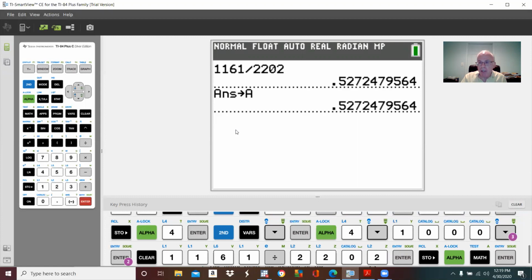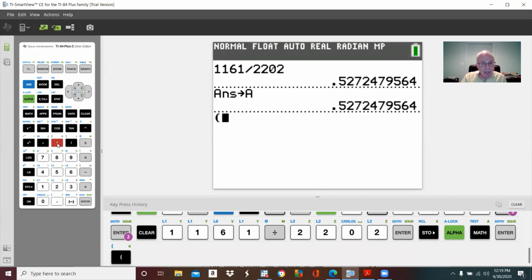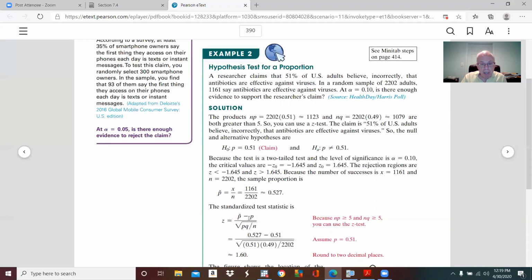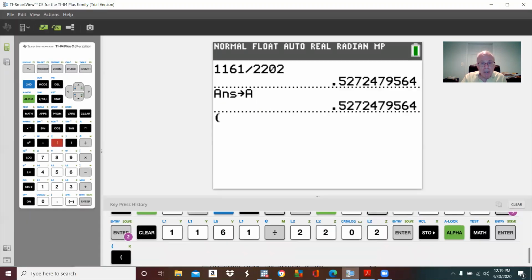So now I'm going to calculate my test statistic. Open up a set of parentheses, and in the numerator it's going to be p hat minus p. Let's go back to the formula once again. p hat minus p is in the numerator. Now p hat I stored in A, so I'm just going to type in alpha A, minus, and I know that my hypothesized proportion is 0.51.